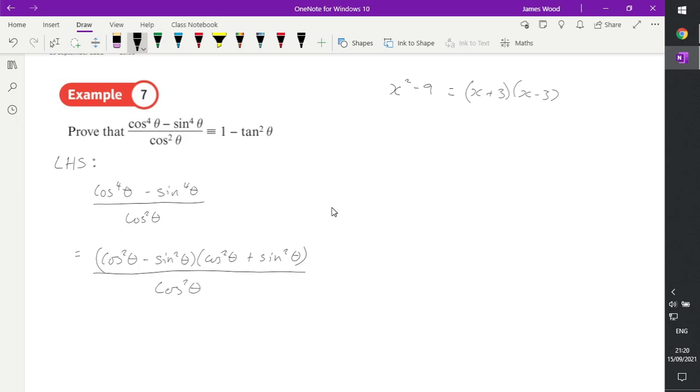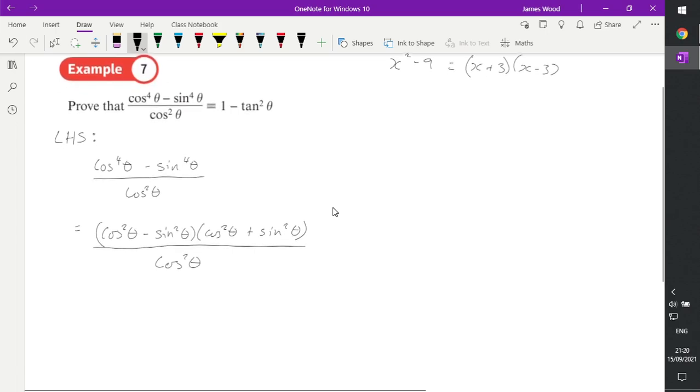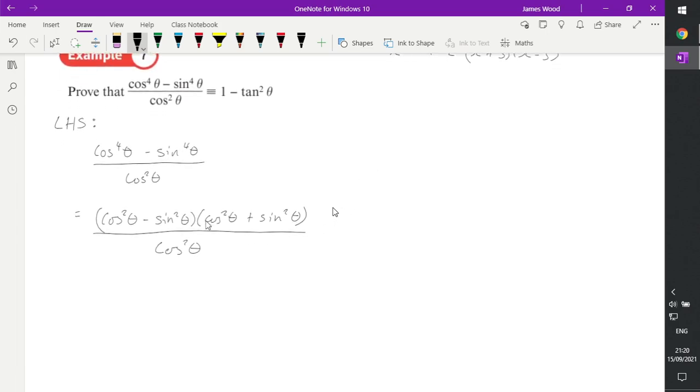Now hopefully we notice something about that expression, and that is that it's got cos squared plus sine squared in it, which we know is equal to 1. So that's just going to be cos squared theta minus sine squared theta over cos squared theta, because this bit here is just equivalent to 1. That was one of our identities. So we've got to there.